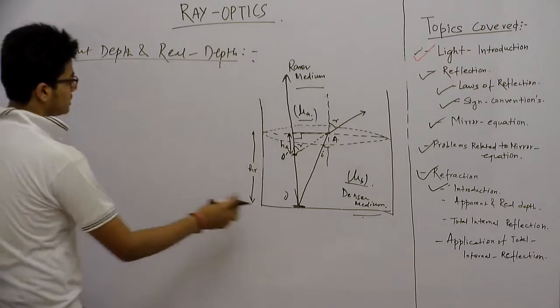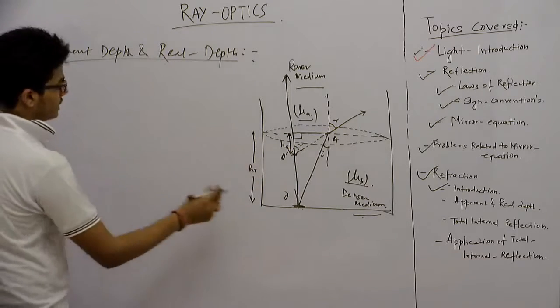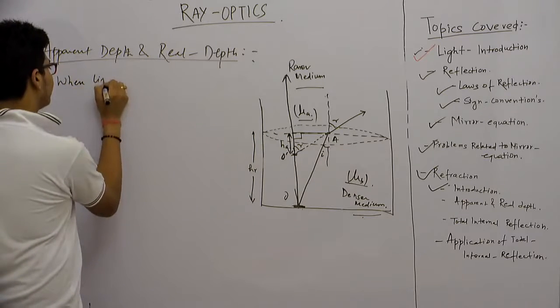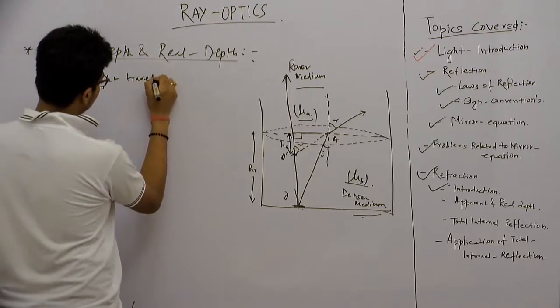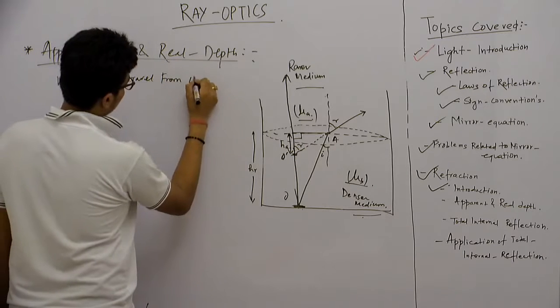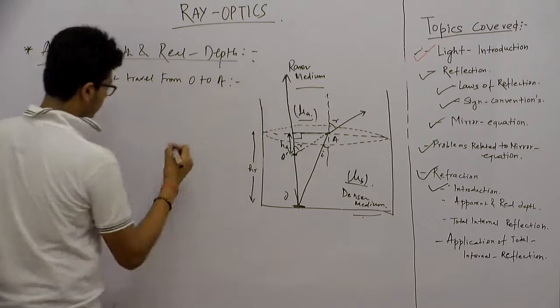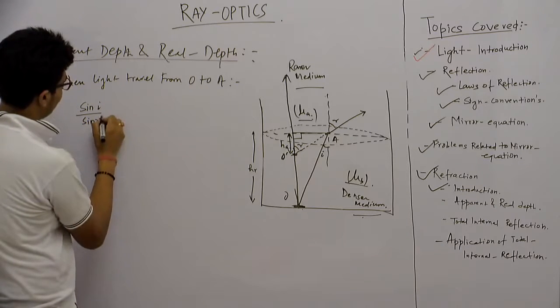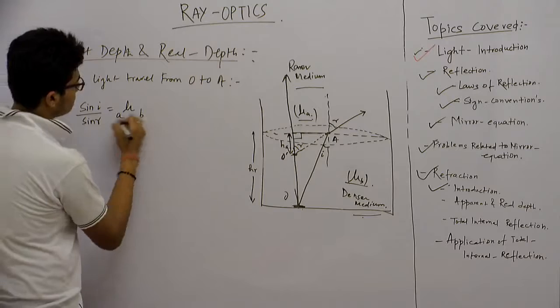So in the first situation, when light travels from O to A, sine of I by sine of R is equal to mu AB.